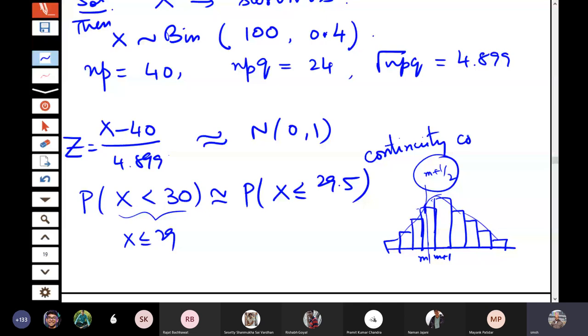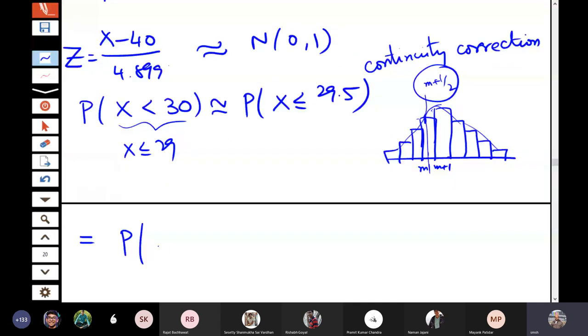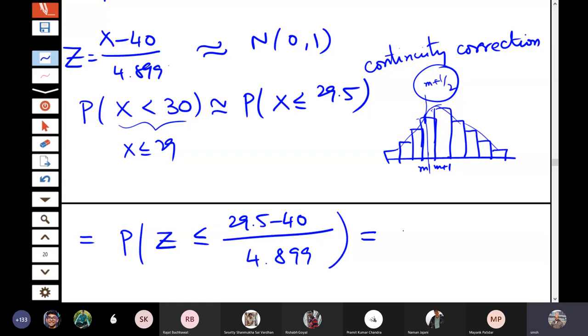Then we approximate Z less than or equal to (29.5 minus 40) divided by 4.899. That is probability Z less than or equal to minus 2.14. From the tables of the normal distribution, this value is 0.0162. So there is approximately 0.016 probability that less than 30 will survive.